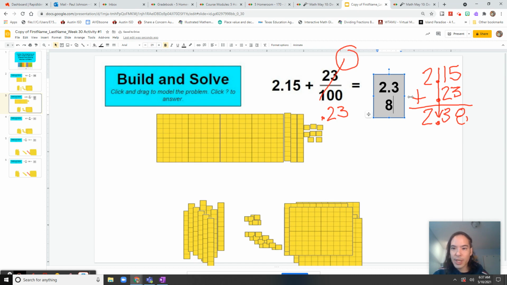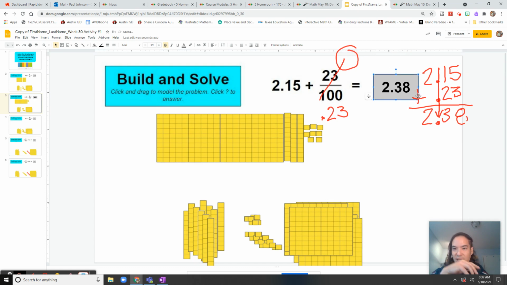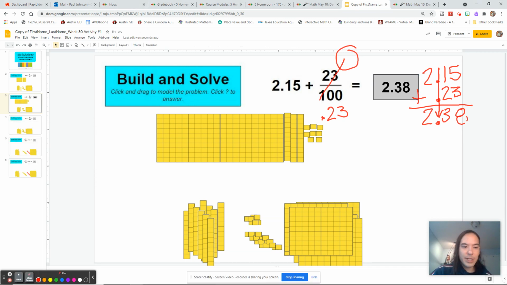Oh, need to stretch that out a little bit. All right, and once again, if we wanted to do this as fractions, we could just do 2, 15/100 plus 23/100.